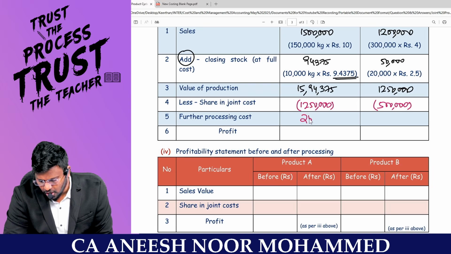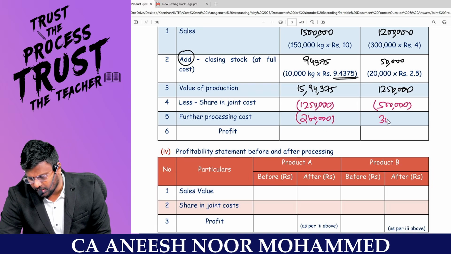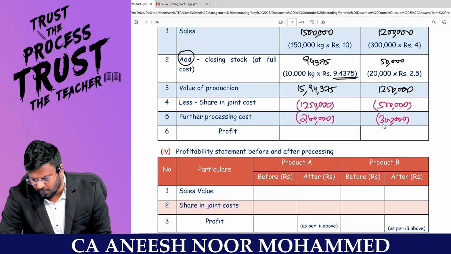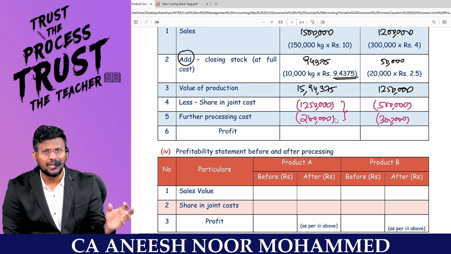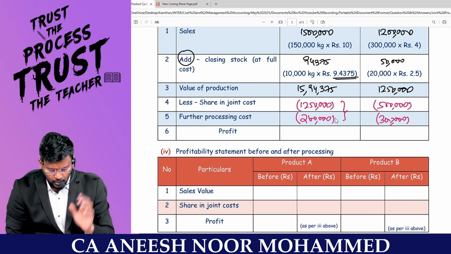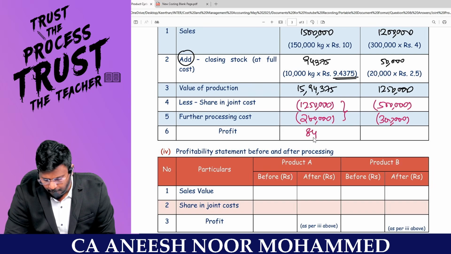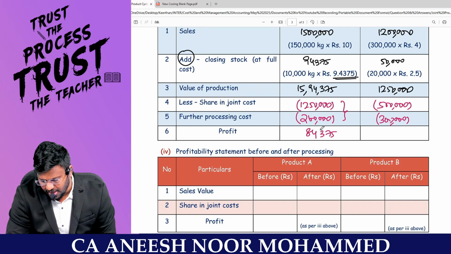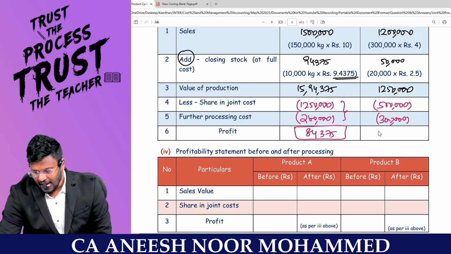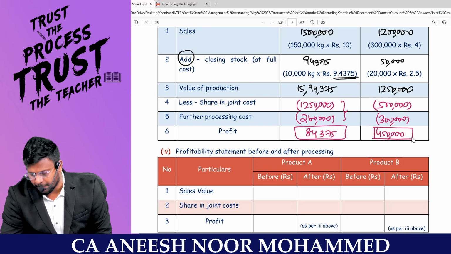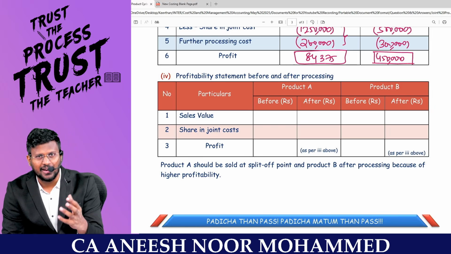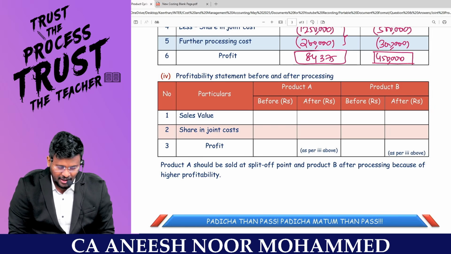Further processing cost is specific cost which is given in the question: 2,60,000 and 3 lakh, my dear lovable students. So from the total credit side, if you reduce the total cost, you will end up with 84,375 as profit and 4,50,000 rupees as profit here. Are you comfortable? I hope that you also got the right answer and you are enjoying the answer format of this.